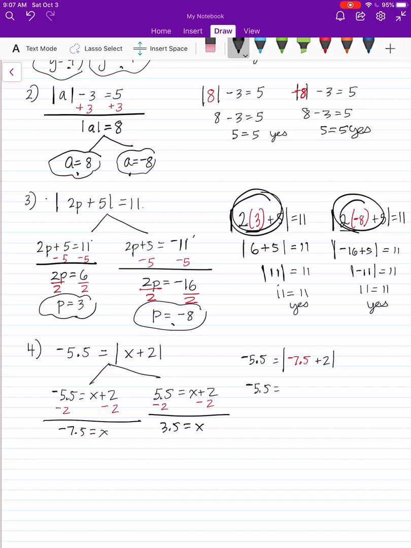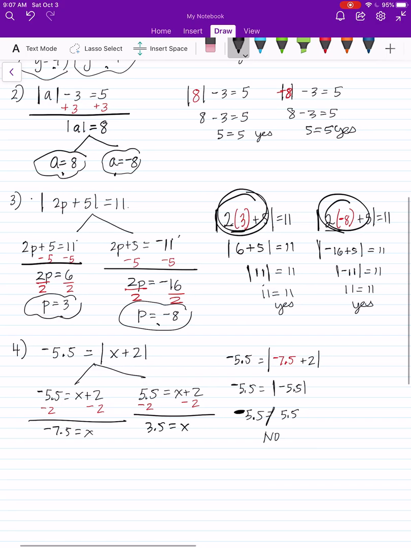Negative 7.5 plus 2 would be negative 5.5. Take the absolute value of negative 5.5, and I have 5.5. Uh-oh. It says it should be equal to negative. Right here, see that negative sign? Is it? No, that doesn't work. Well, let's see if my other one works.